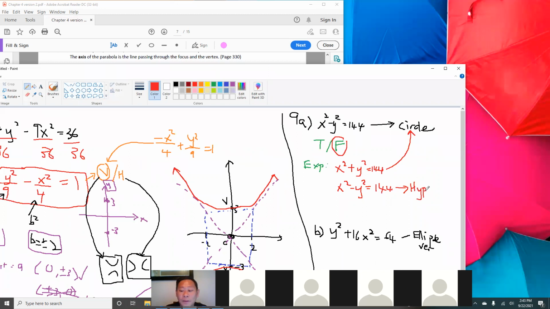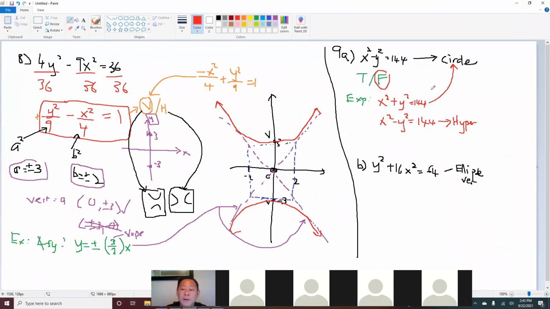Remember last time when you drew the box, this is 2 and this is 3. Since this is 144, if you divide, you get 144 each. So it is actually a hyperbola with a box of 12 by 12. When you draw the box in this case, it measures negative 12 to 12 on both ends. The reason you get 12 by 12 is because the square root of 144 is 12. So this is a hyperbola.